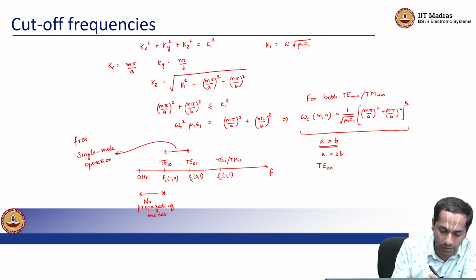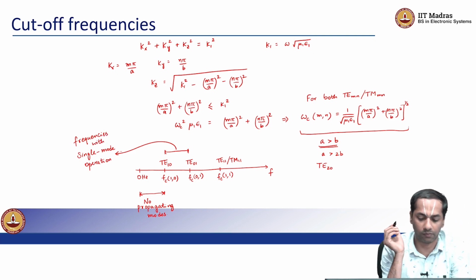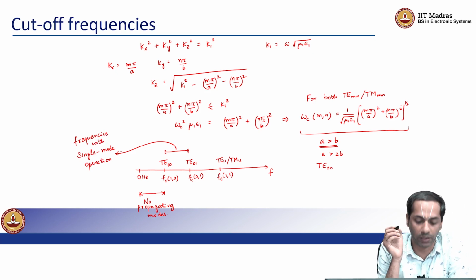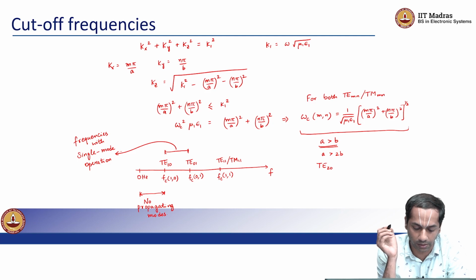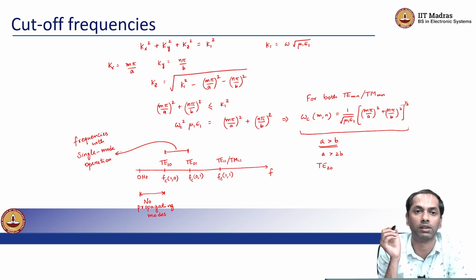So frequency, okay. So the range of frequencies demarcated between the TE10 and TE01 would be the range of frequencies where the waveguide will only support one mode, right. This is a very special region.